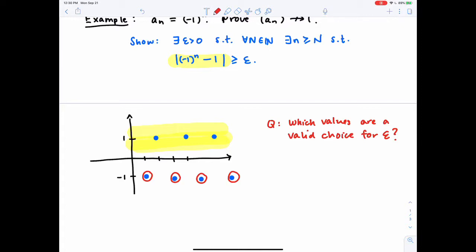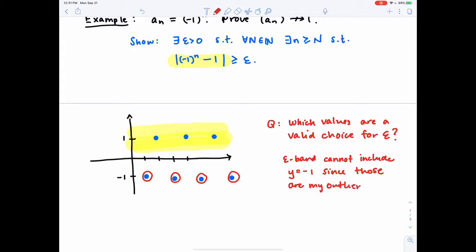So my epsilon band cannot include the y value of -1, since those are my outliers. As soon as I go wider than that, I don't have any candidates for showing that there's no place to chop the tail, because the whole sequence will be included in my band.